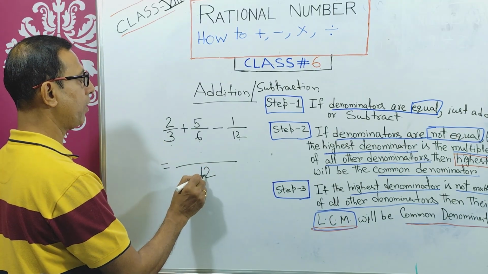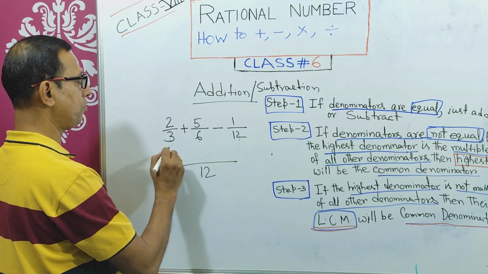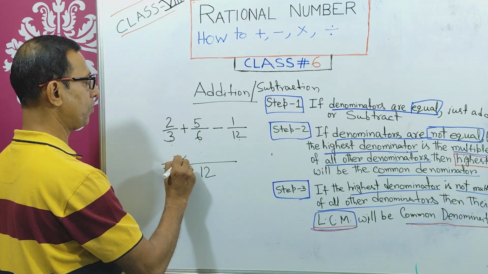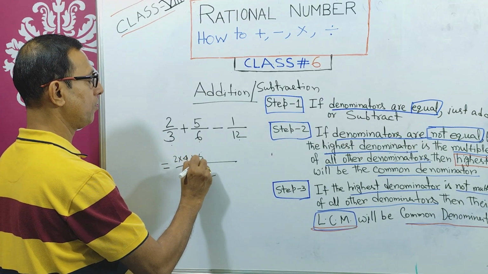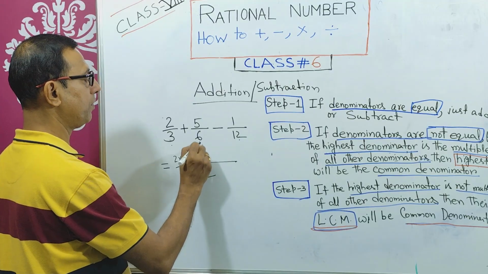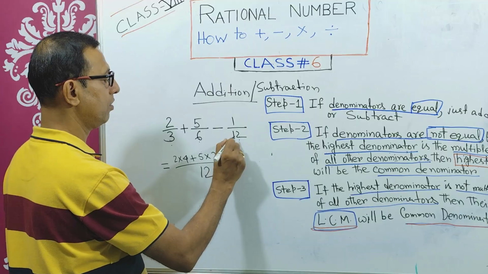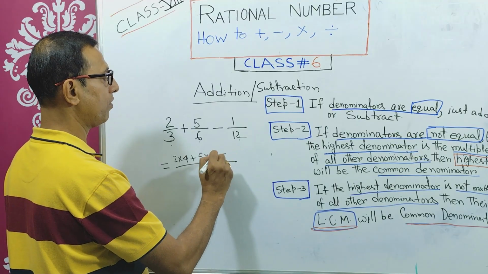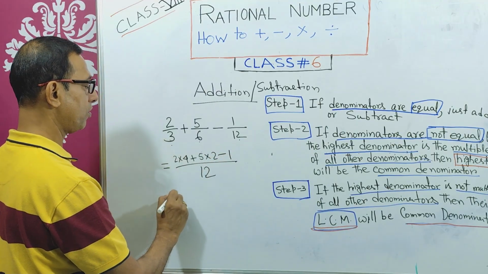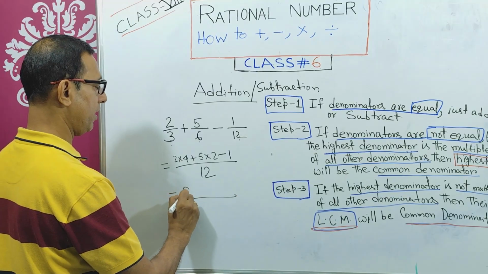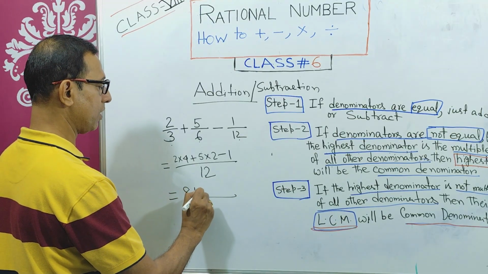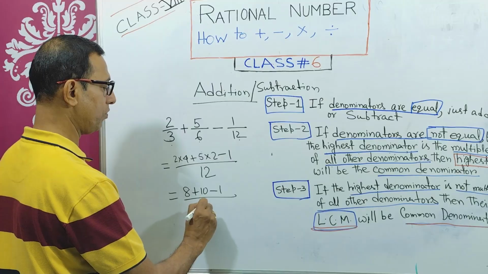3 4s are 12, 12 divided by 3 is 4, so 4 into 2, plus 5 into 12/6 which is 2, 5 into 2, minus 12/12 which is 1, 1. So what will be the result? 8 plus 5 2s are 10, minus 1, over 12.